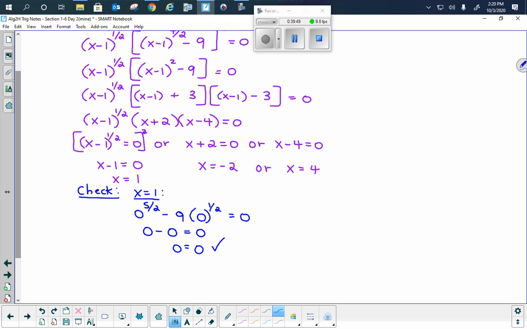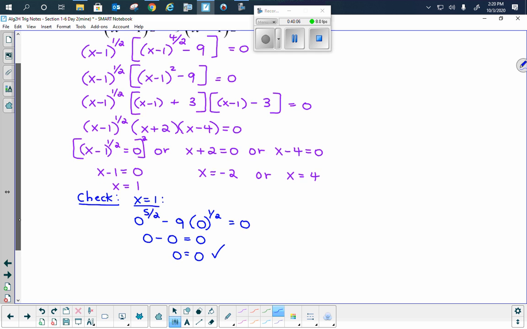And then you just need to make sure that for the other two numbers, we are not taking an even root of a negative number if you can't have imaginary numbers. It might relate back to those directions.